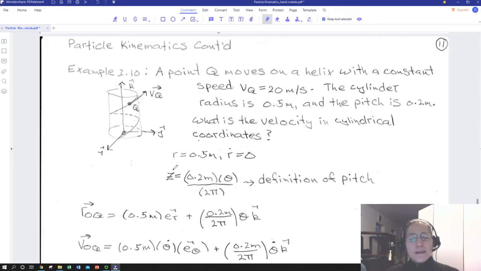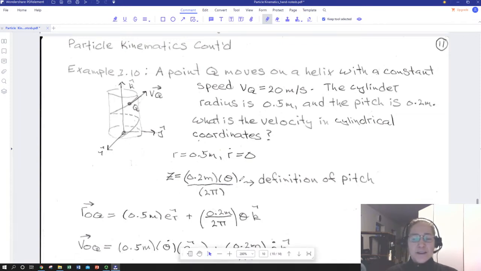So we can express our z position in terms of theta. Remember, theta can just keep going round and round and round. So when theta is 0, we're at a 0 here. With one loop around, theta is 2 pi, and we've gone up 0.2 meters. If we go around 4 pi, so 2 revolutions, we should be at 2 times 0.2 meters, and so on.